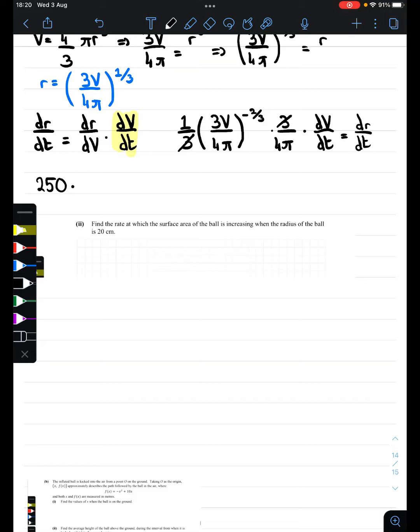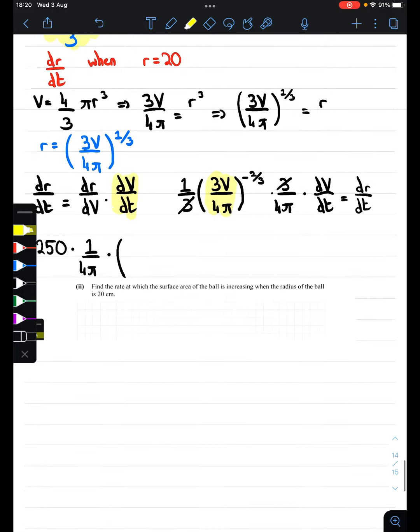So we'll have 1 over 4 pi times 3v over 4 pi. So this 3v over 4 pi is a little bit awkward. But if we notice, we have seen this 3v over 4 pi before. We've seen it here. And so we could just rewrite this as r cubed.